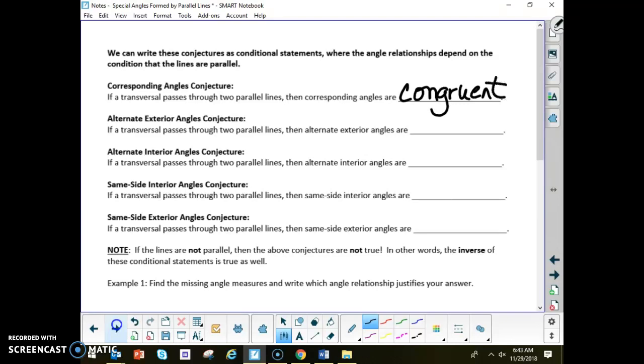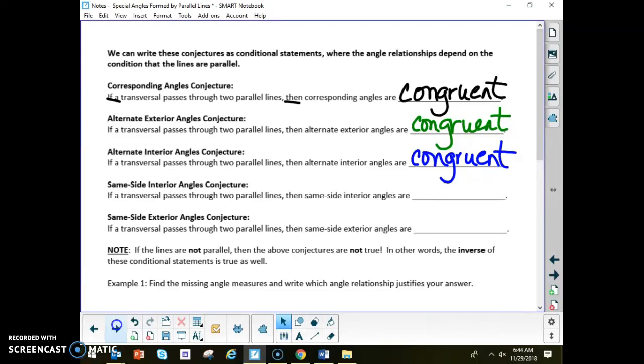And of course it is the if-then statement. Alternate exterior angles are going to be congruent. Alternate interior are congruent.